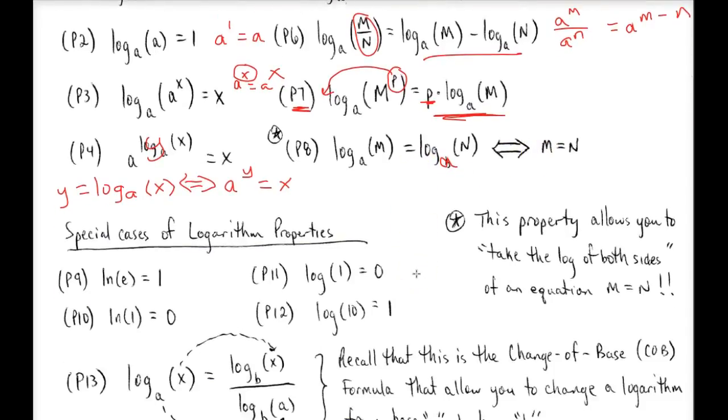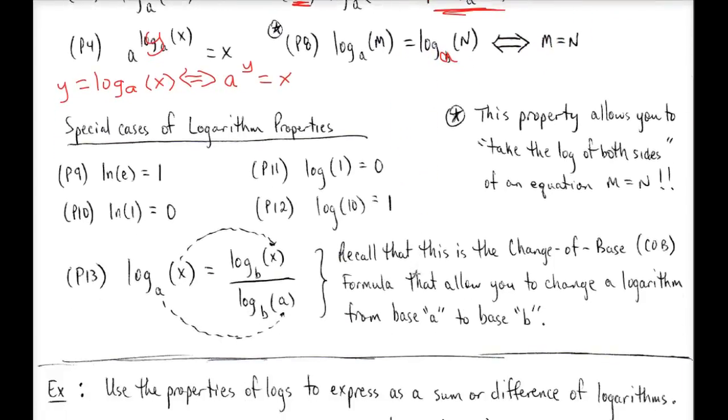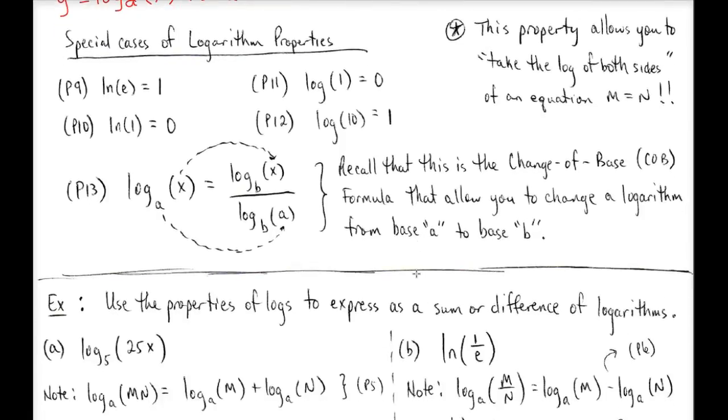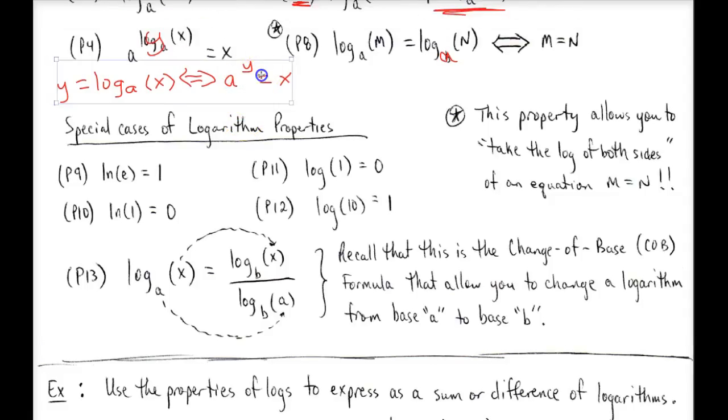Okay, so let's move on down, and we see that for special cases here, property 9 is natural log of e is equal to 1. I want to talk about that for a second. So I'm going to erase some of the stuff up here. Natural log, if you remember, is just log base e.